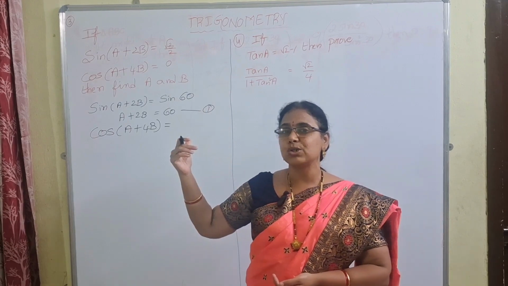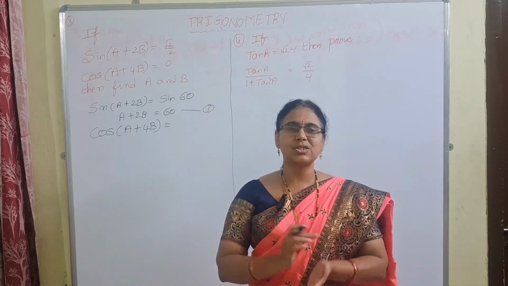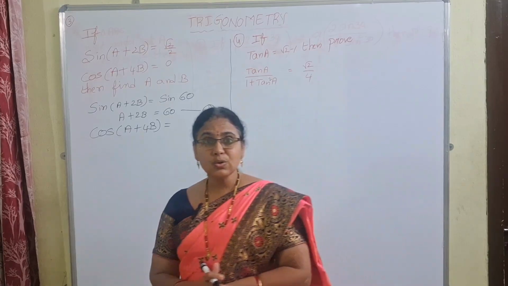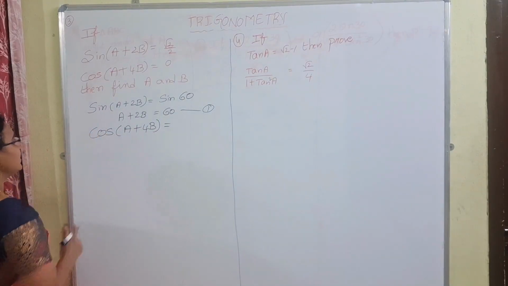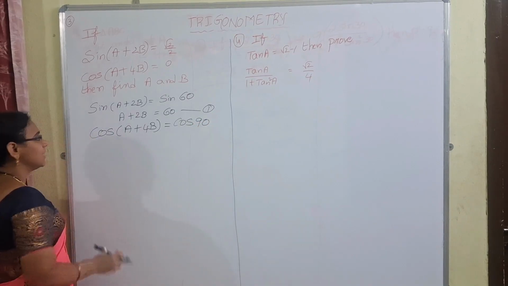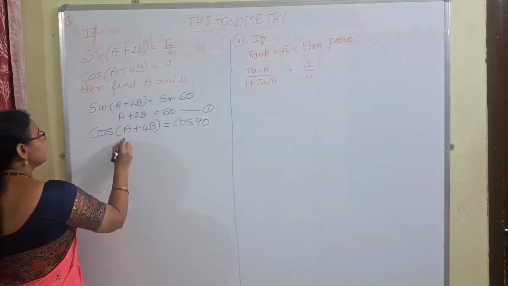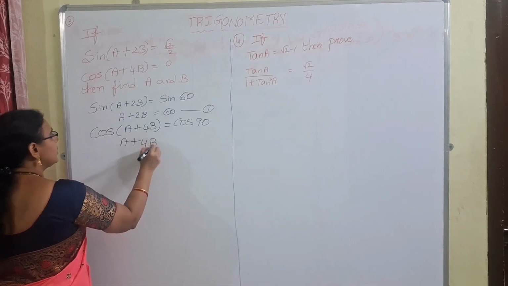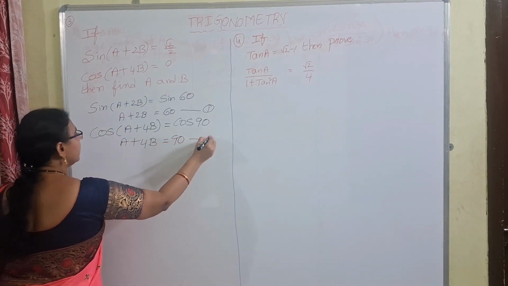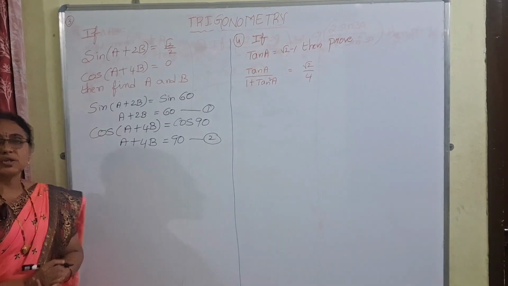Sin 0 is 0, but writing in the reverse manner, cos 90 is 0. So 0 means cos 90. Just imagine both sides cos are cancelled. Then what is the answer? a plus 4b is equal to 90. We got two equations. Did you understand?